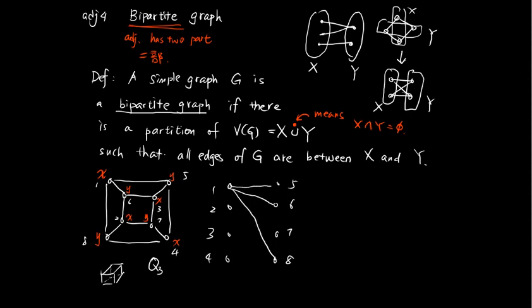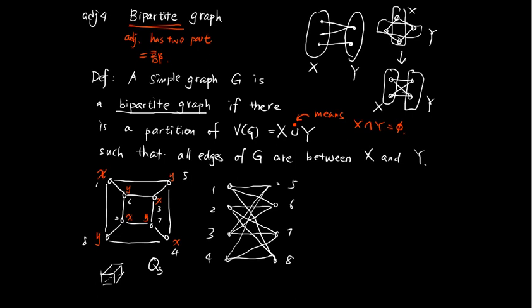And then 2 goes to... okay, so that's basically the same graph, but you'll realize that on the left-hand side you can recognize the structure better, but on the right-hand side, although you recognize it as a bipartite graph, it does not tell you much about the structure.